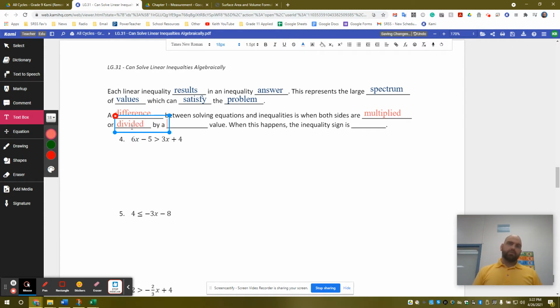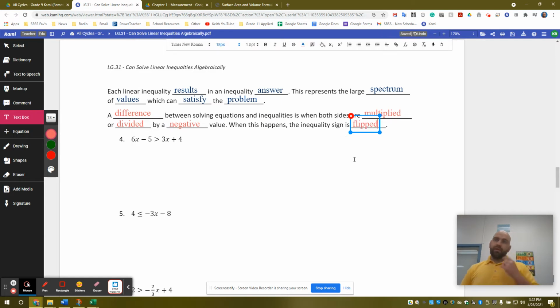Okay, so this happens when we're trying to get rid of the coefficient. So this is the only difference here: when it's multiplied or divided by a negative value, the inequality sign is flipped.